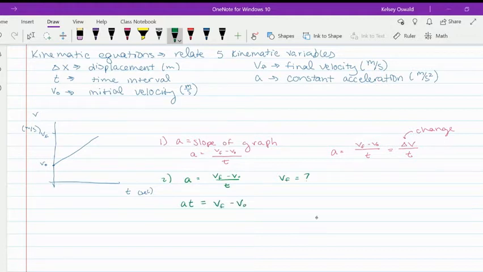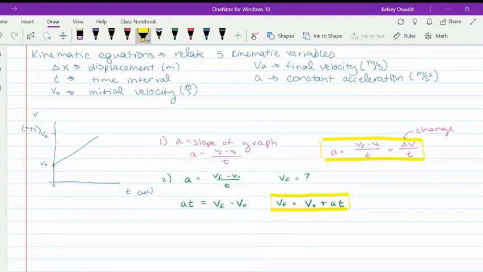Our last step to get our final velocity by itself is to add our initial velocity to either side. We're then left with our final velocity is equal to our initial velocity plus acceleration times time. So that second kinematic equation we can derive by using our equation from slope. Both of these will be useful if, let's say, you know your initial velocity, your time, and your acceleration, and you're trying to find that final velocity.